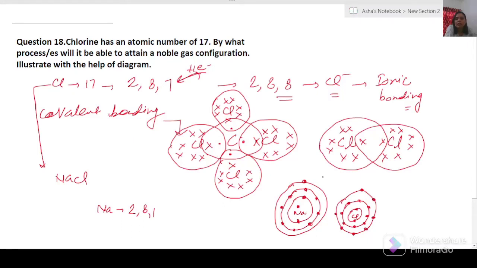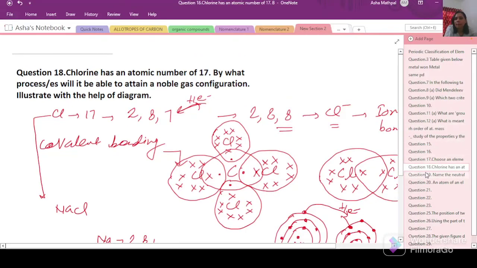So it is in need of 1 electron, and Na is easily giving 1 electron, so this 1 electron can be accepted by Cl. So Na will become positive, Cl will become negative, so they will form the compound NaCl because they have opposite charges. So chlorine can complete its octet by ionic bonding as well as by covalent bonding.